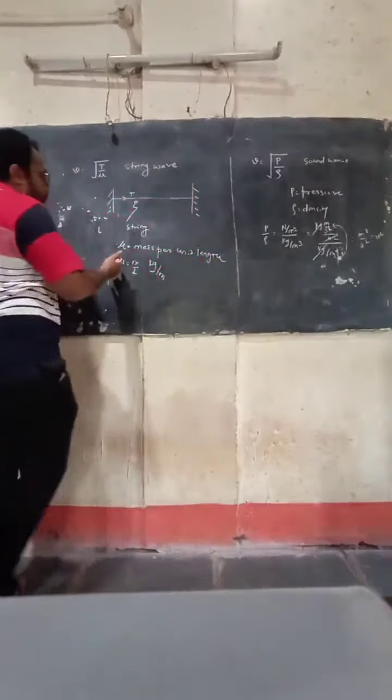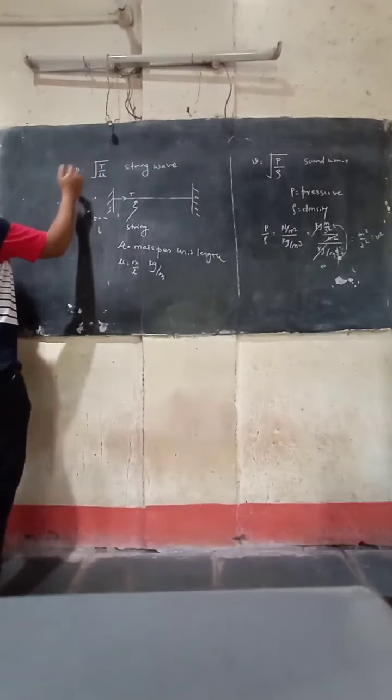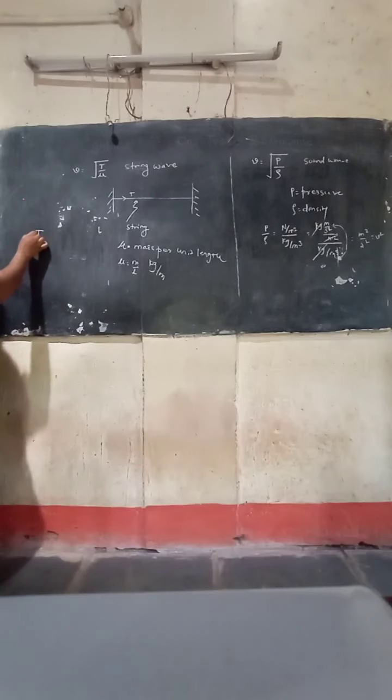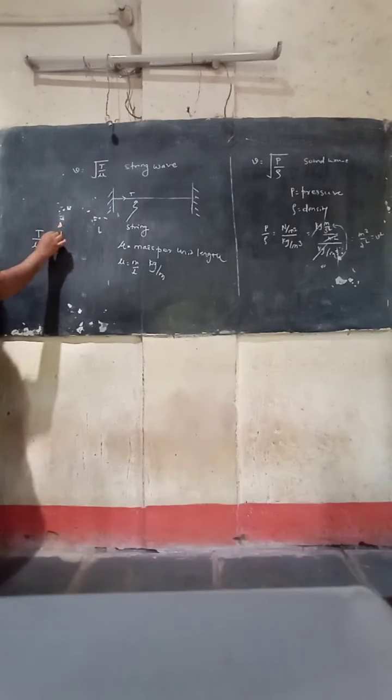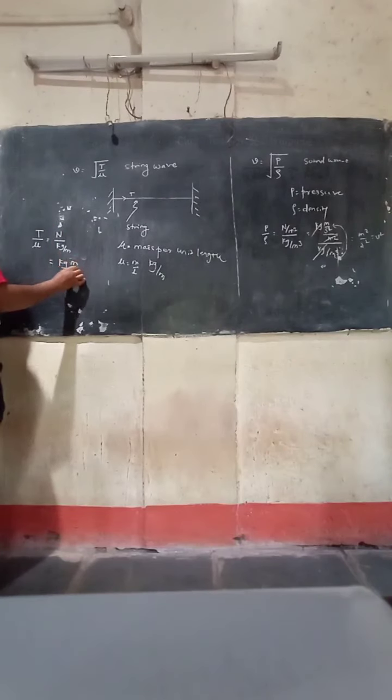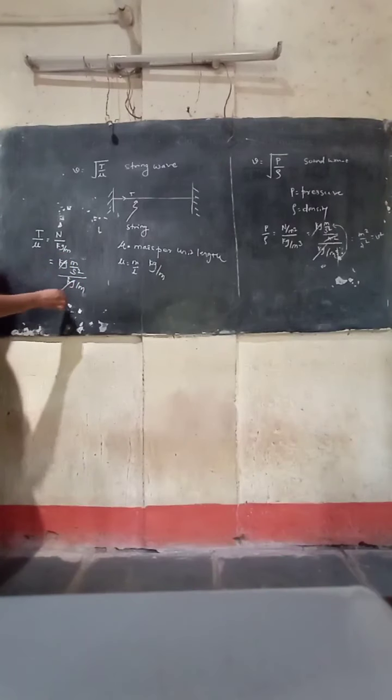Okay. Now come here. This is mu and tension. Tension is in Newton and mu is in kg per meter. This Newton can be written as mass into acceleration, kg meter per second square upon kg per meter. Kg will get cancelled.